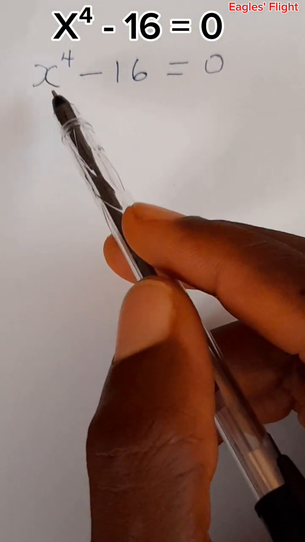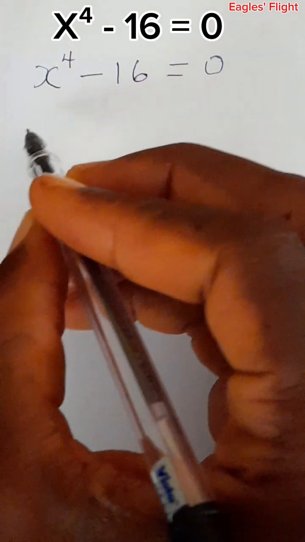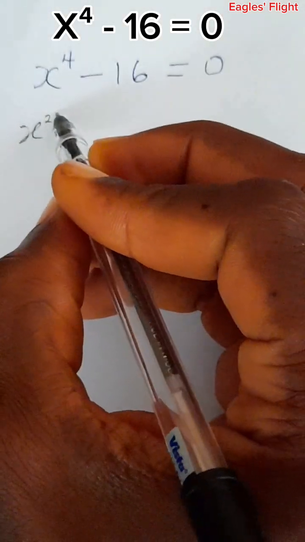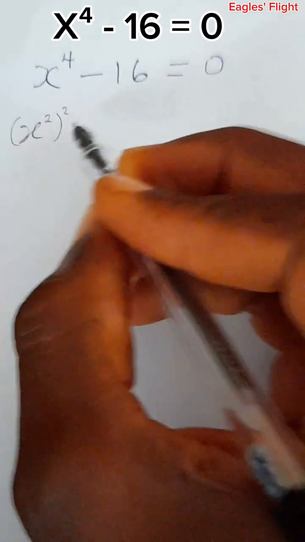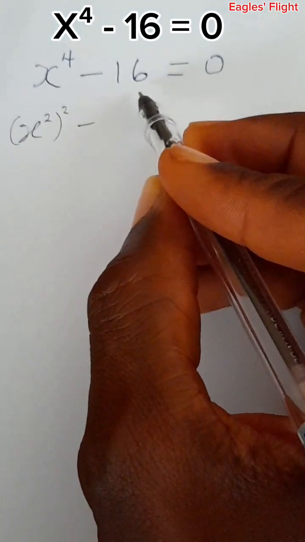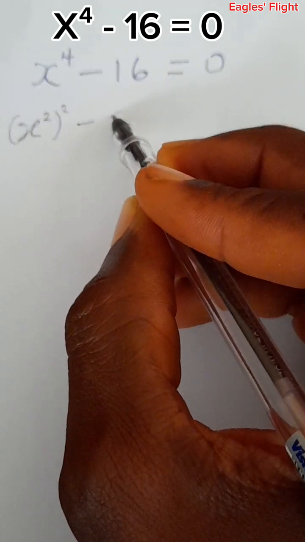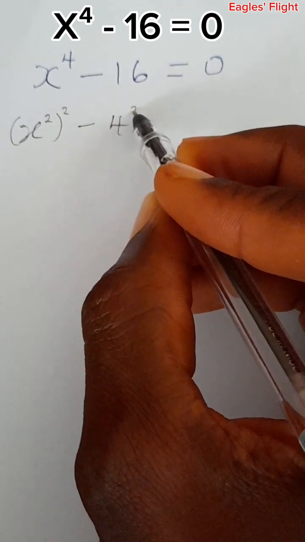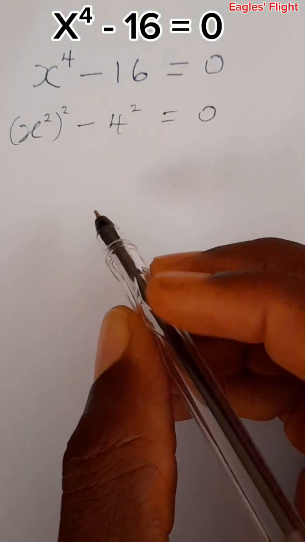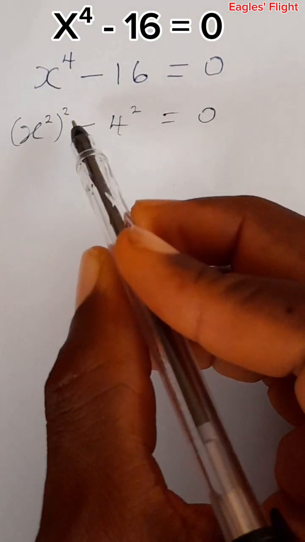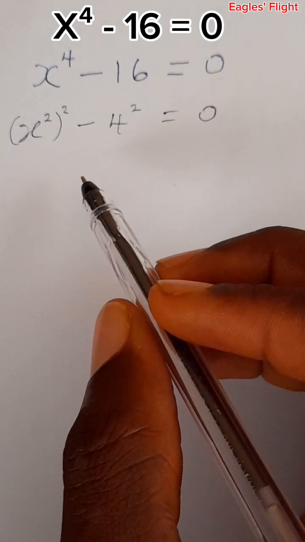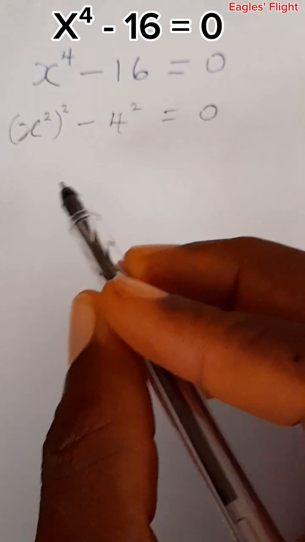We can simplify this further by saying this is x squared, all squared, minus, we can turn this 16 to the square of 4, so 4 squared, equals 0. Now this is a square and this is also a square, so we can apply our understanding of the difference of two squares here.